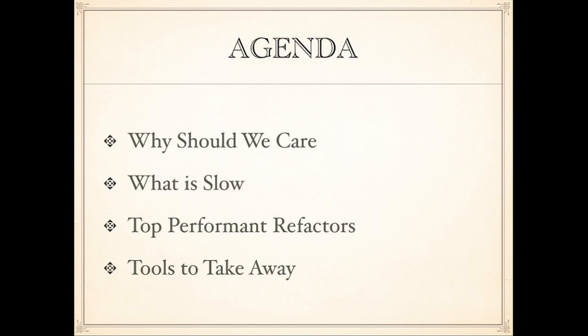All right, so our agenda today is why we should care about these things, to give background, what is slow in terms of performance, it's all relative, top performant refactors, and tools to take away. So this is a hit list. What I want to emphasize is that while this is titled bulletproof, there are no silver bullets in performance.